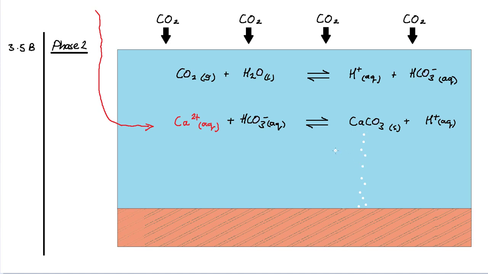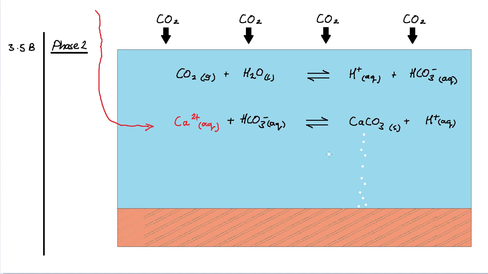And if you remember from the unit on reversible reactions that Le Chatelier's principle states that when a particular reversible reaction is in dynamic equilibrium, as is the case here, then any change to the conditions surrounding that reaction will cause the reaction to move in the direction that opposes that change.